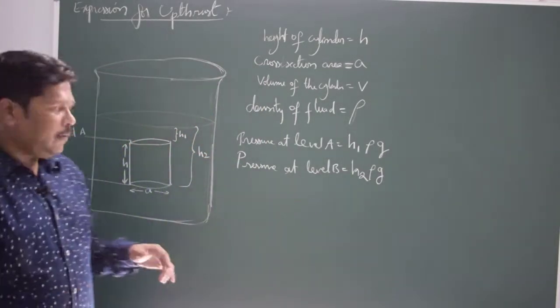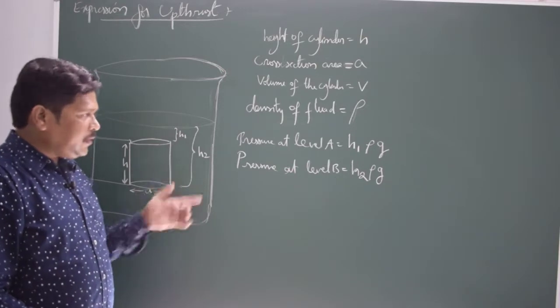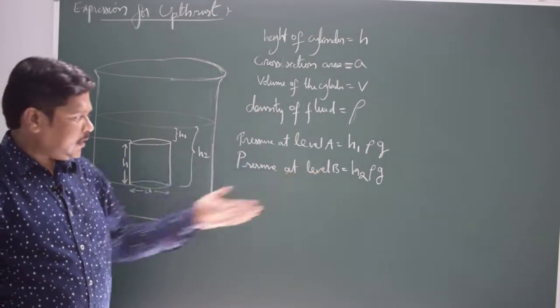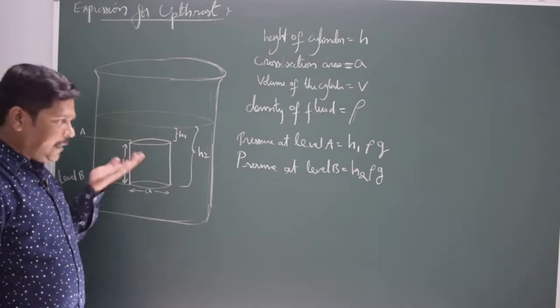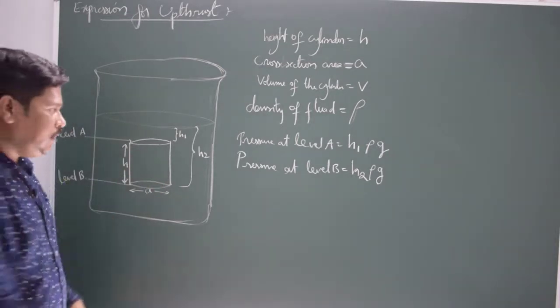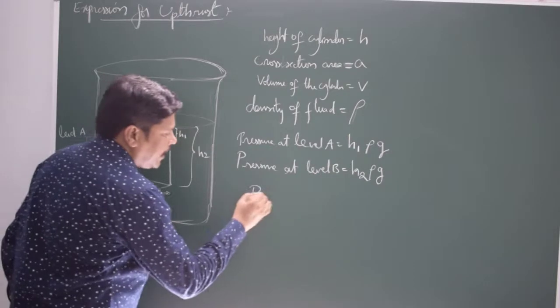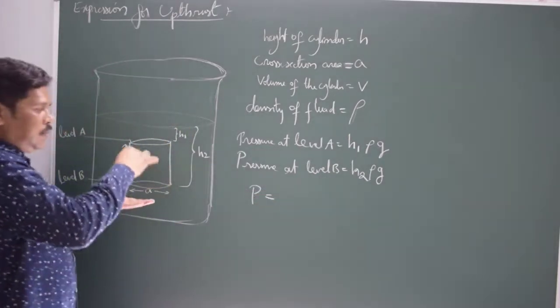The reason for the upward thrust is that the pressure at level B is greater, so the resultant pressure acting in the upward direction is the total pressure acting on the cylindrical object.